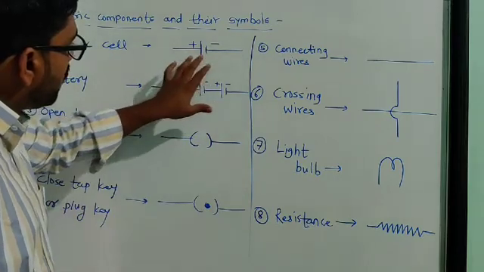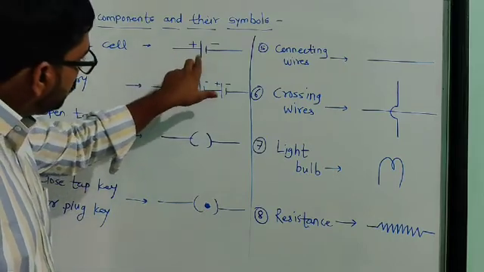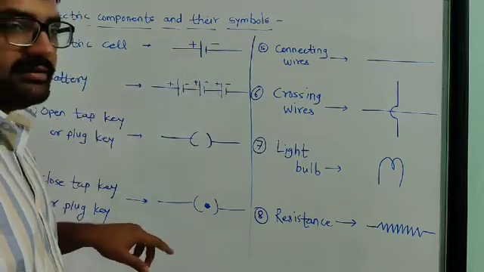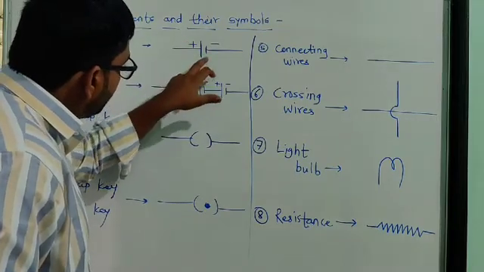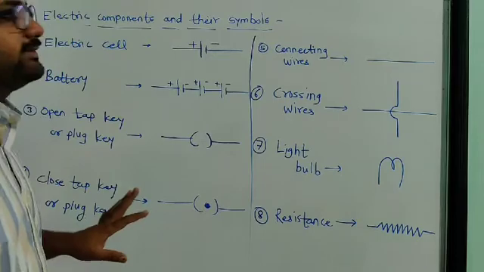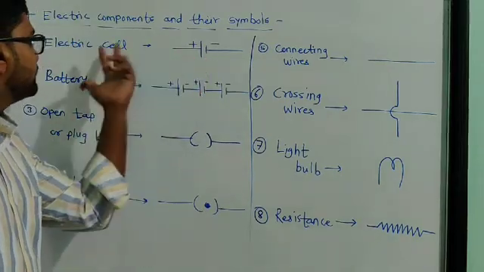This is the symbol of an electrical cell: here one big line and one small line. The big line we call positive and the small line we call negative. So this is the symbol of an electrical cell.